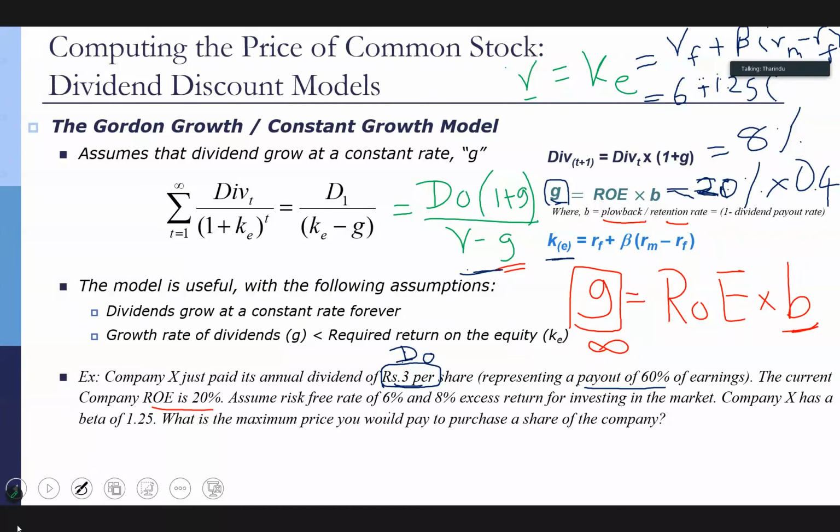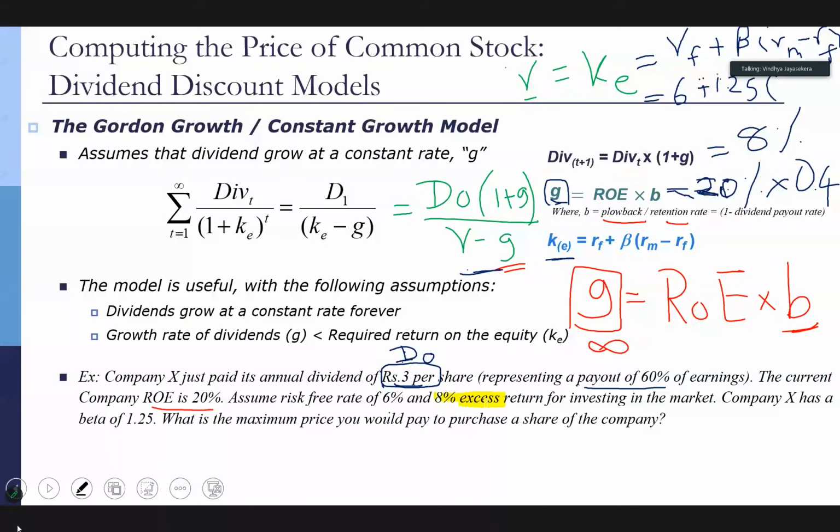It should be 8%, right? So why is it 8%? Because 8% is the excess return. What do you mean by the excess? Over and above the risk-free rate. So it is already RM minus RF that has been given to you, not RM. Over and above the risk-free rate.